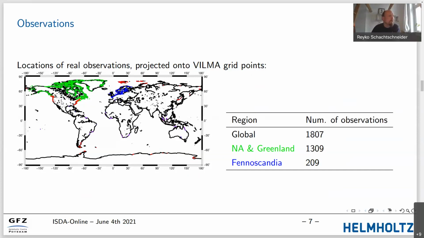The green one having only observations from North America and Greenland. The blue data set only observations from Fennoscandia and Northwest Europe. And later I use not only the global data set, but also the subsets as observations to show that the method also works with regional data sets.